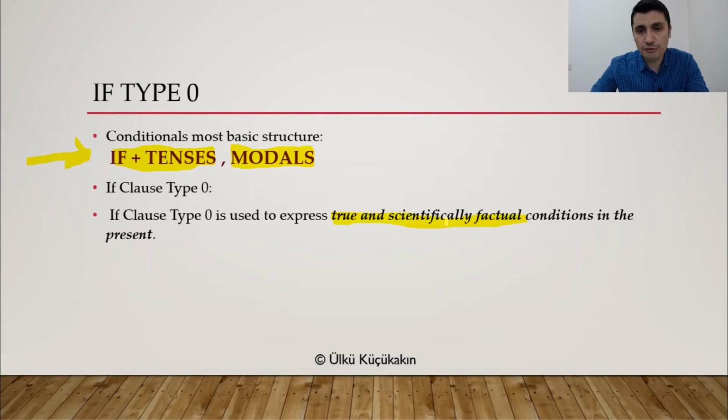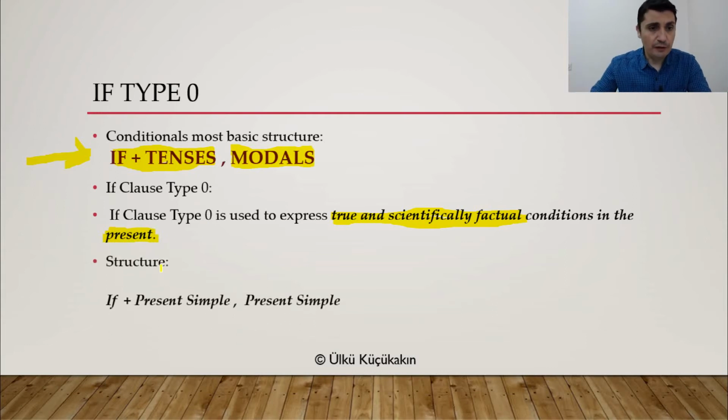So for type 0, it has to be true for you as a person, or scientifically. It should always be the case. And another keyword here is present. So if type 0 talks about the present, it's like a general truth.